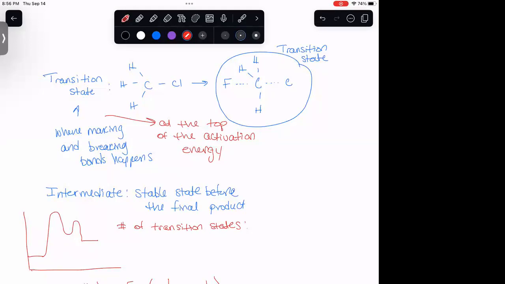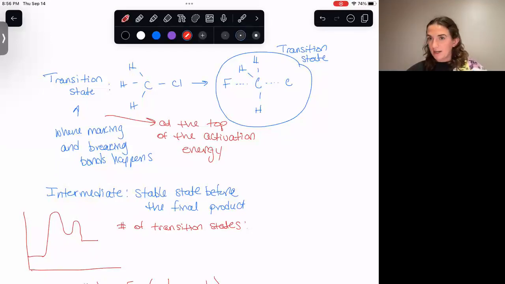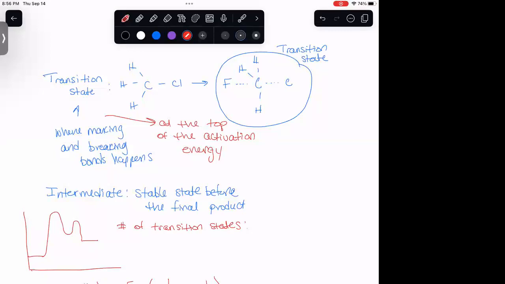Only one, I think. Just the one dip, I believe, is a transition state. Or is it? The one dip is important, but it's not a transition state. So that would be the intermediate state.